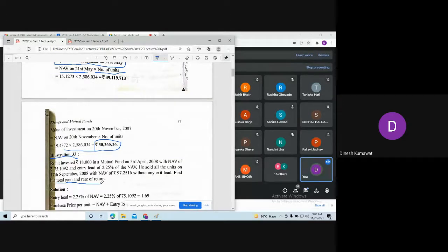We have to find total gain and rate of return. So what is the formula of total gain? Total gain is equal to amount invested minus amount received. Is it like that? No, amount received minus amount invested.